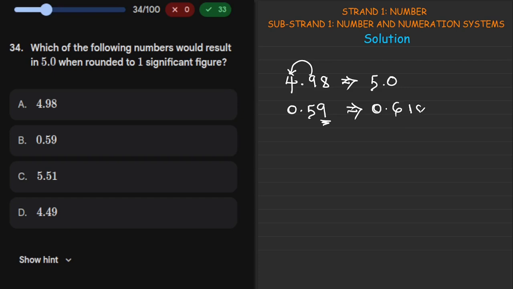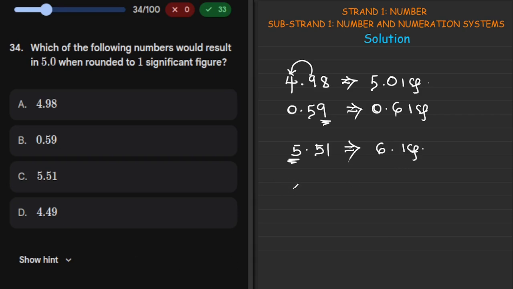That is to one significant figure. Then the next one, which is a 5.51. If you want to round that as well to one significant figure, this is the first significant figure. And the decider is what? 5. So you round up and that becomes 6.